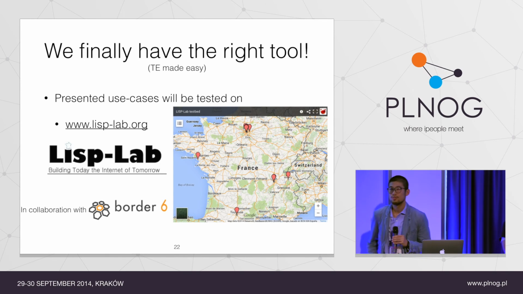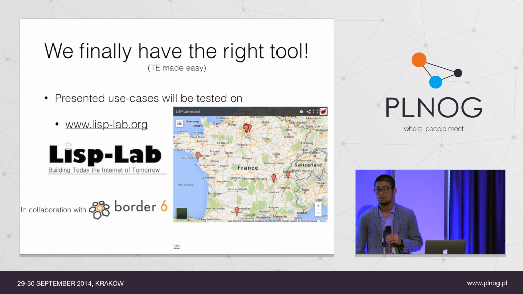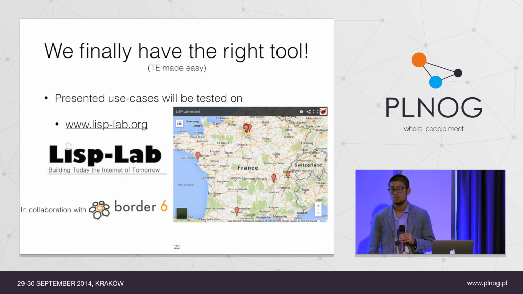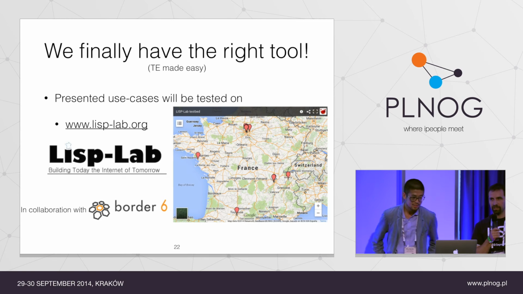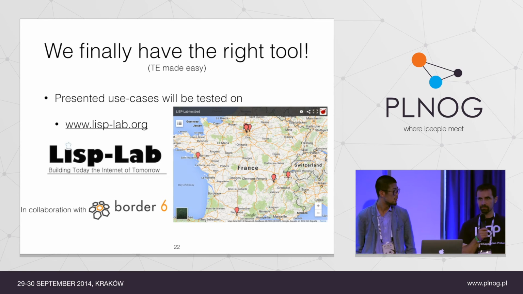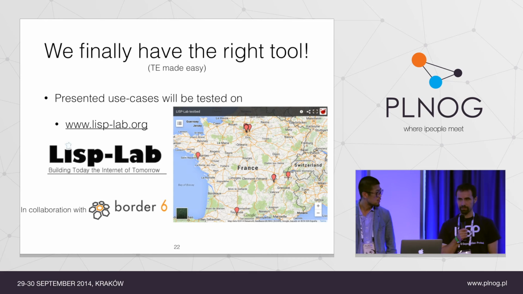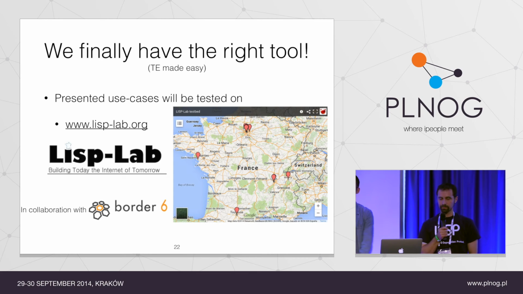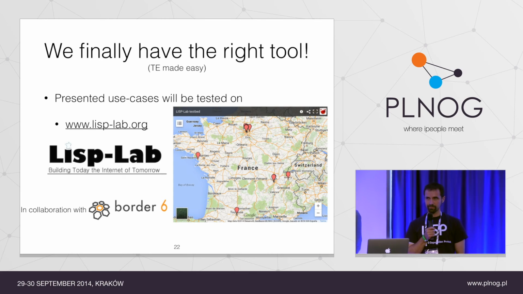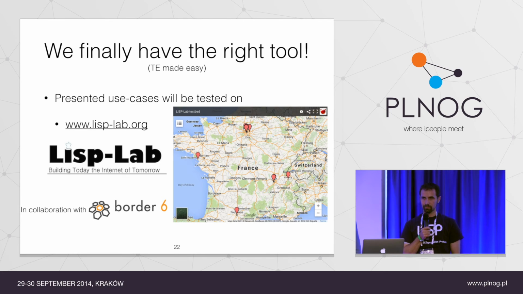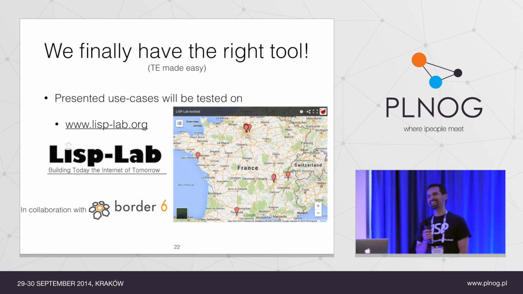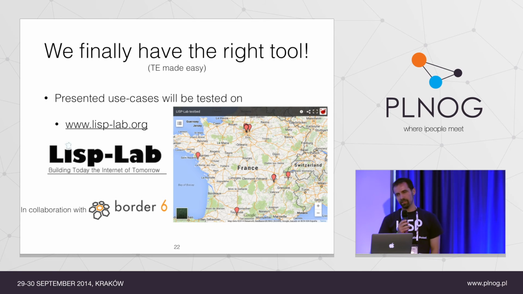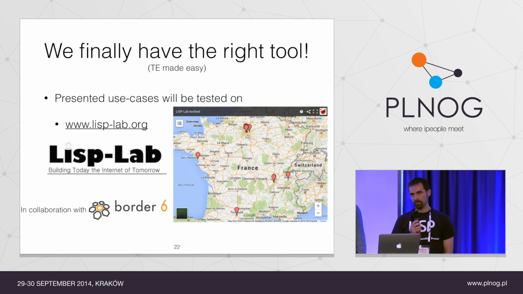So my question is, are you familiar with the explicit locator path solution? Excuse me? ELP, the explicit locator path solution. So are you familiar? Yes. Have you done some implementations? I know this is still a draft in the IETF, but... It is a draft, it's not an official working group draft, that one.